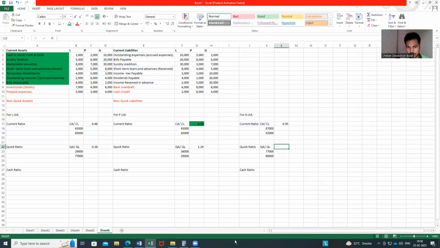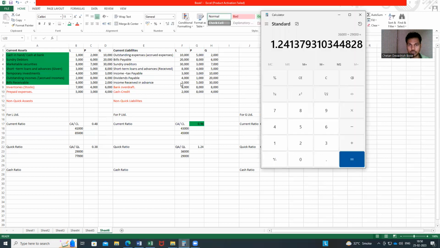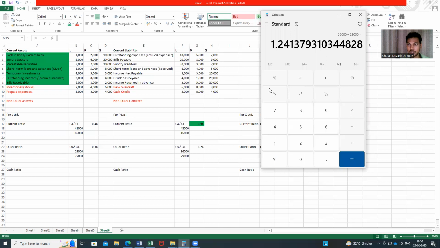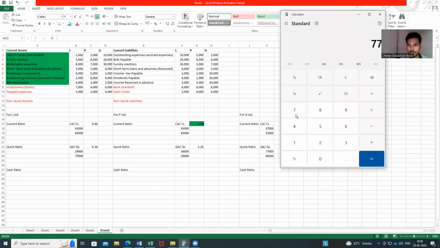And the last one is 77,000 divided by 88,000. 0.875. Round off, that is why we are writing 0.88.